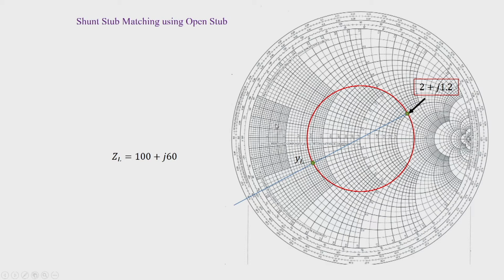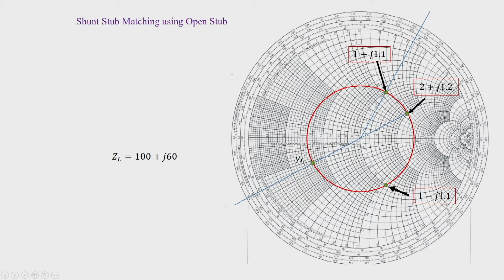Next, we use this Smith chart as an admittance chart, and as we move from this towards the 1 plus JB circle, we intersect first at this point, which is 1 plus J1.1, and we draw a line from the center of the Smith chart through this point.